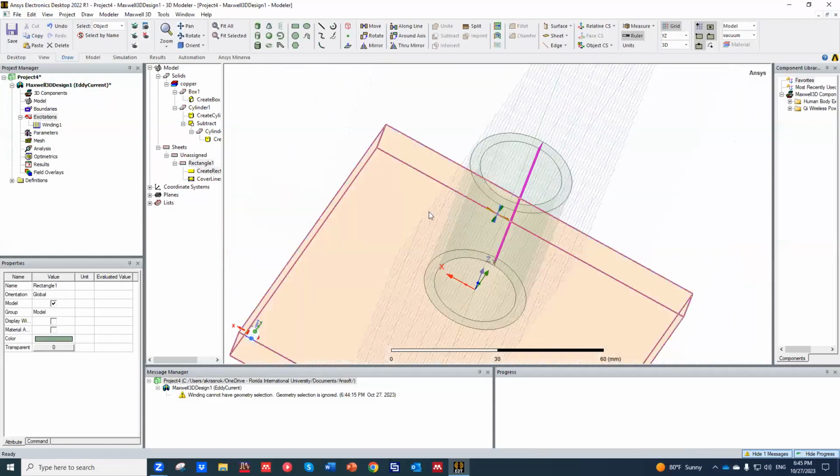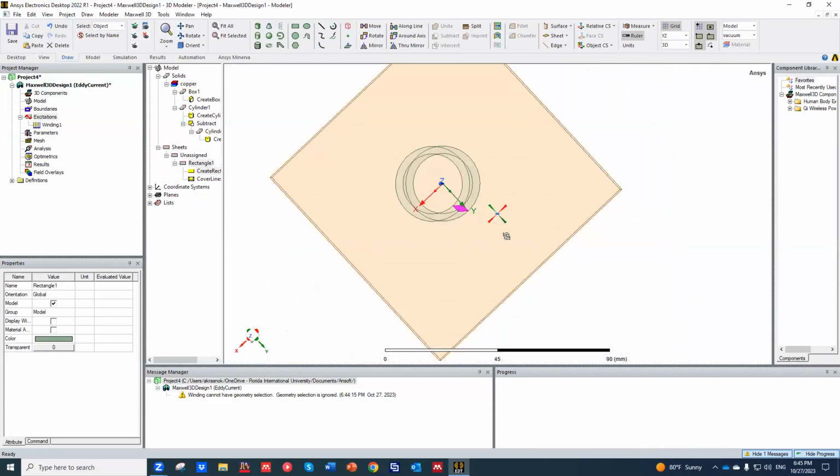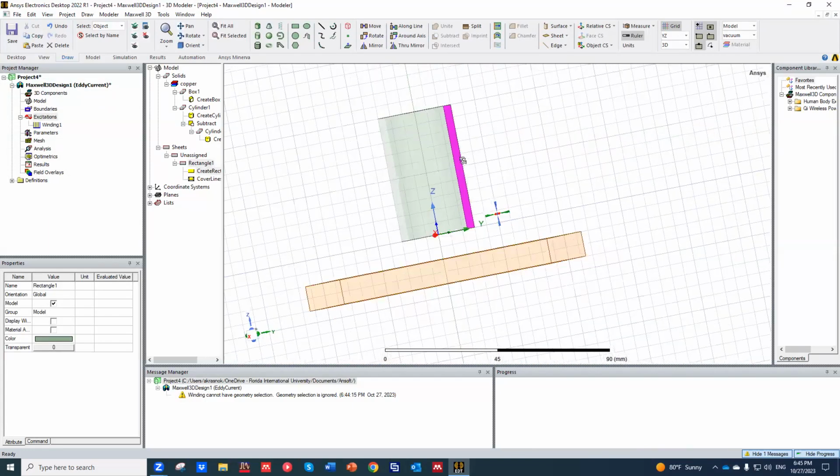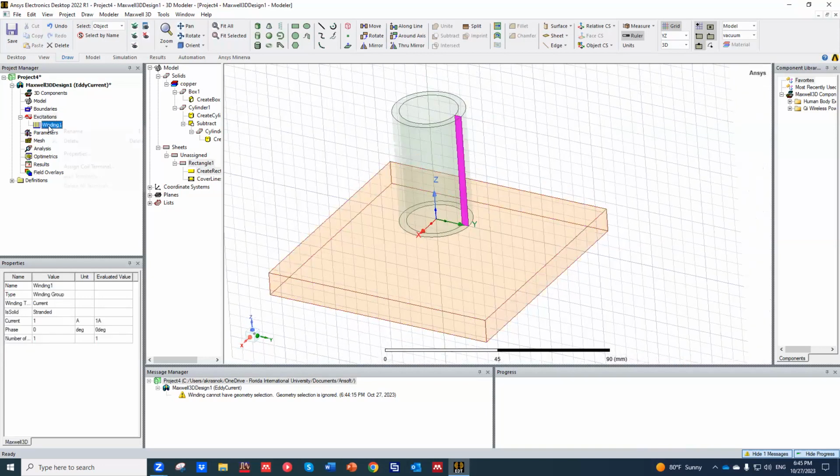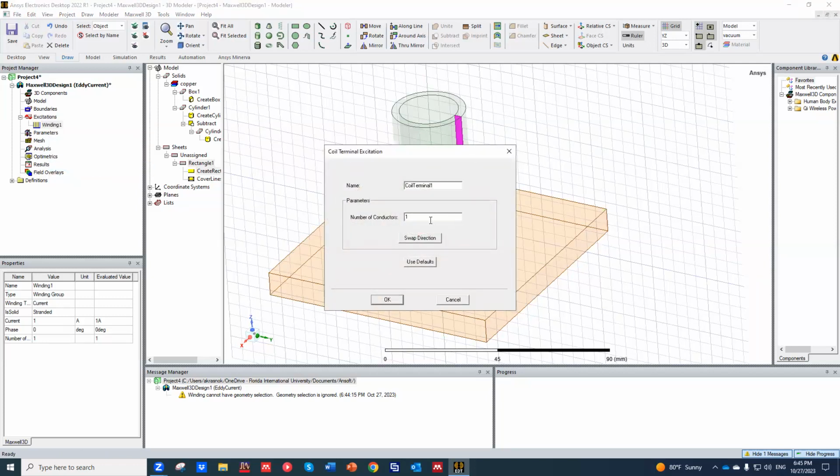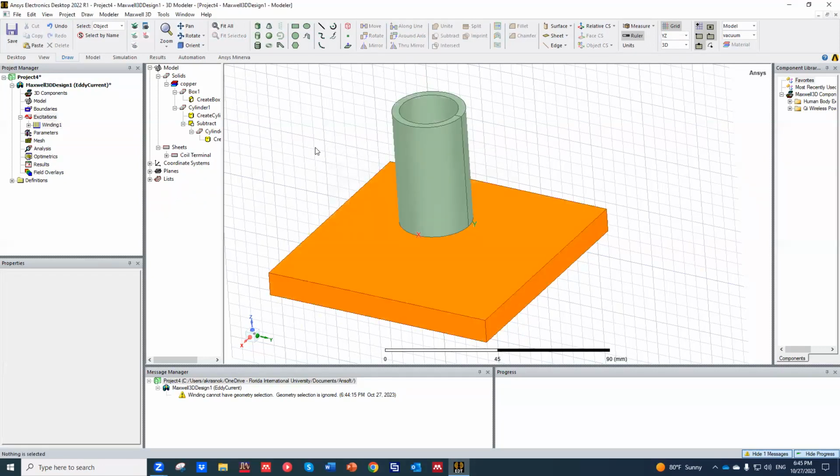So this is the terminal of the coil. And I need to assign this. So I go to windings, assign the coil terminal and give it a number of conductors. Let's make it maybe 100 or so. So this is n in our formulas, the number of turns.